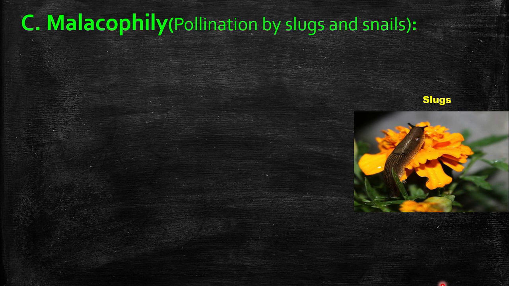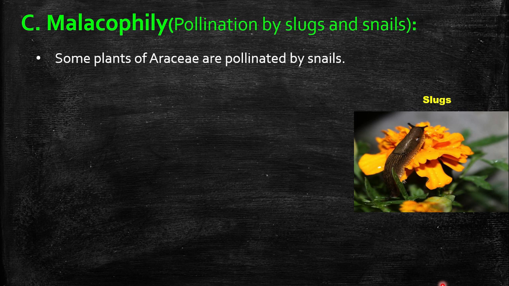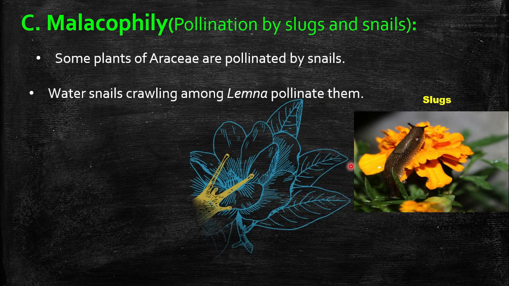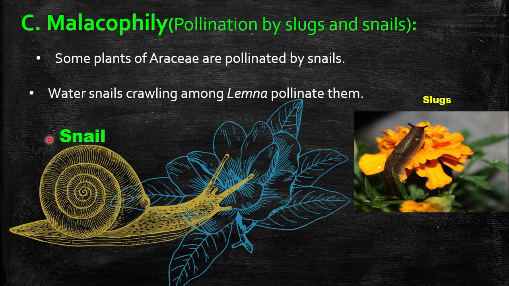Next, malacophily, pollination by slugs and snails. Some plants of Araceae are pollinated by snails. Water snails crawling among the Lemna pollinate them. Next, you see snails and slugs.